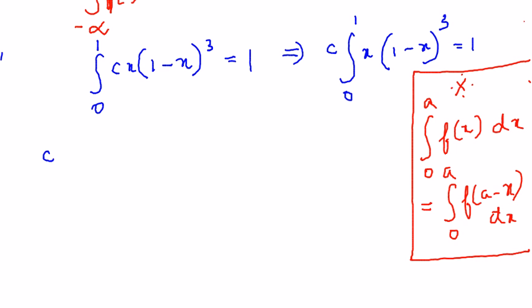C is still a constant, I'm taking it outside. So x now becomes a minus x. Instead of 0 to a, I have 0 to 1 here. Therefore, a is equal to 1, right? So x becomes a minus x. So it will become 1 minus x into 1 minus x is now becoming 1 minus x, right?